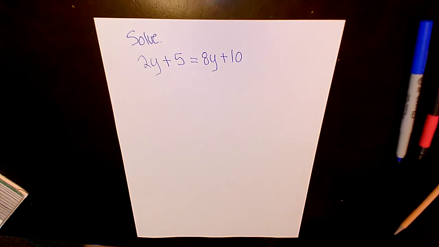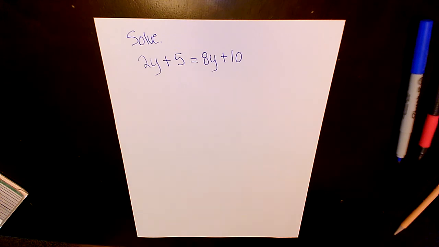So I want to find out what y equals. I'm looking at both sides of the equation. I do not have anything to combine or distribute or anything to simplify.